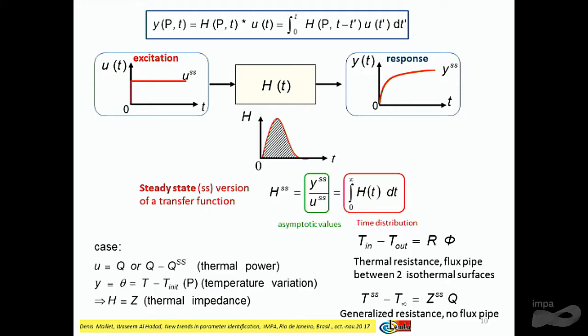Here, it's also a temperature, a general resistance if you want, but it's between the steady state value and the initial value, or the equilibrium value, or the external medium value. And here you have the excitation, so it's exactly the same. As I told you, U can be a thermal power, Y a temperature variation, and in that case, we denote Z as the impedance.